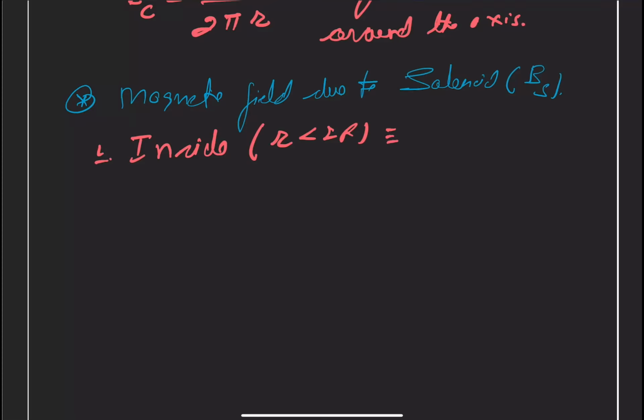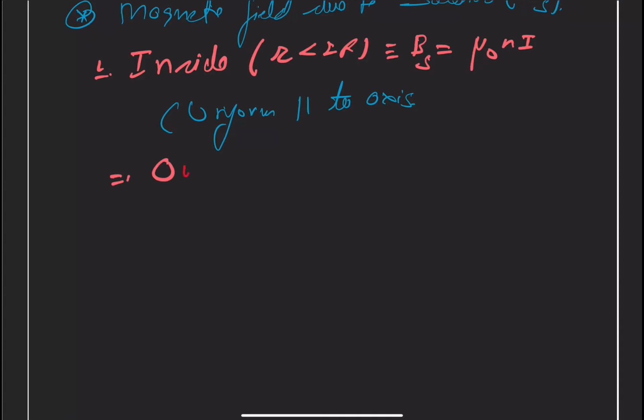So our Bs will be equal to mu naught n times I, and it will be uniform and parallel to the axis.